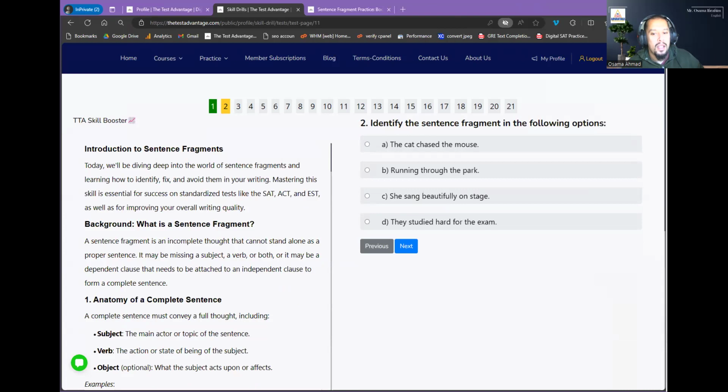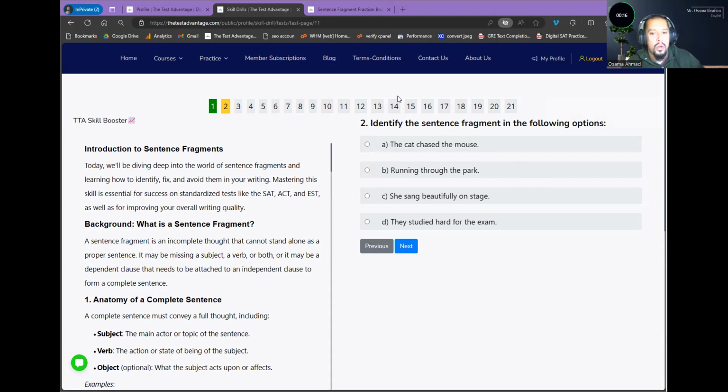Identify the fragment. Okay, Omar, Anas, Leanne, Shaza, Carlos.